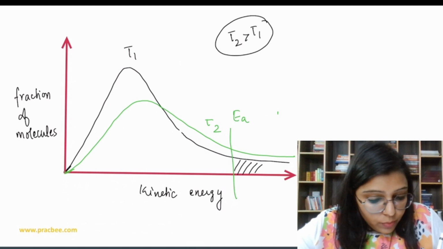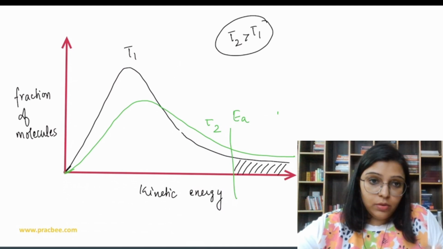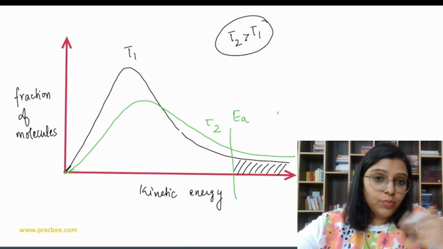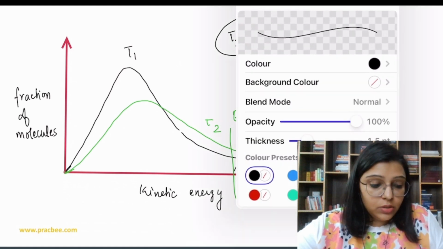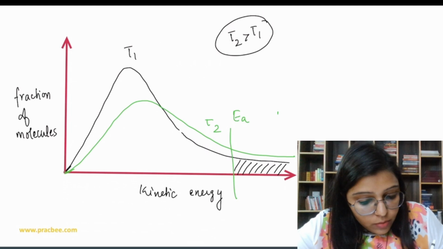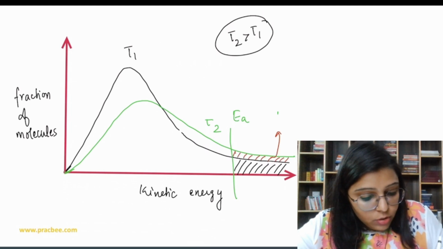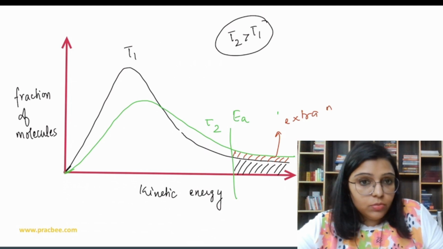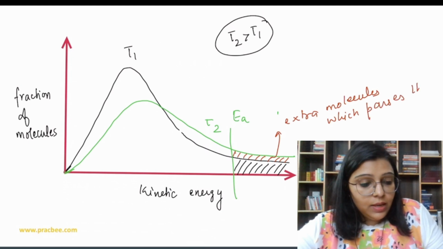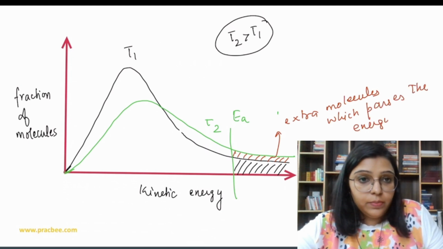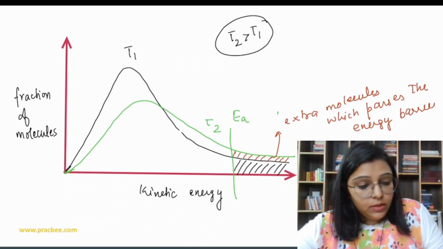When the temperature is T1, less temperature, we have these molecules which can pass the activation energy barrier. Now on increasing the temperature, we have an extra addition of molecules. These are the extra molecules which pass the energy barrier.